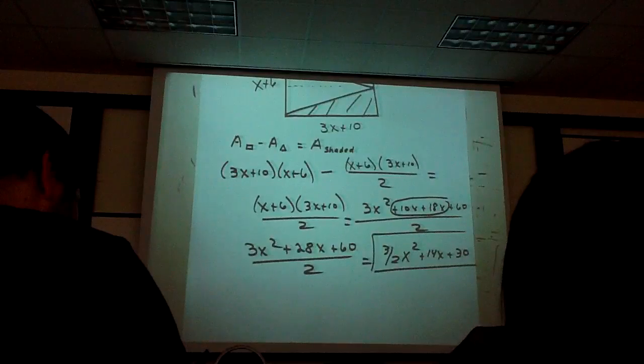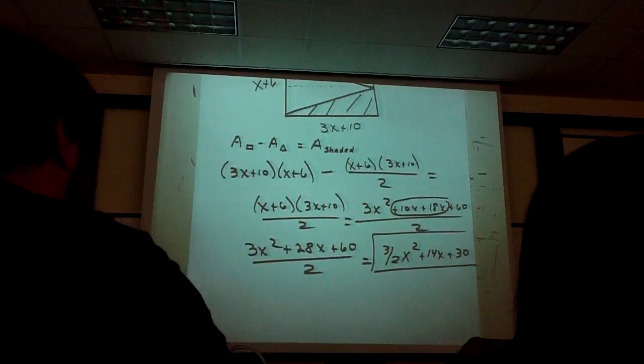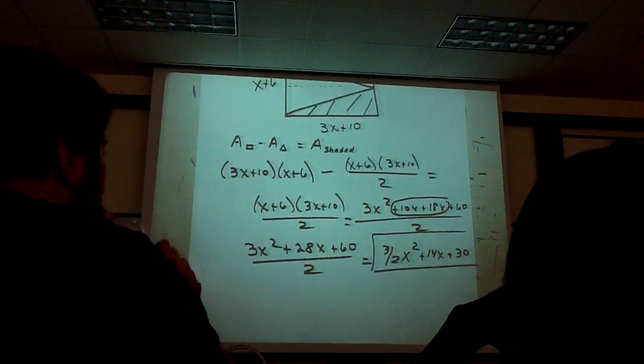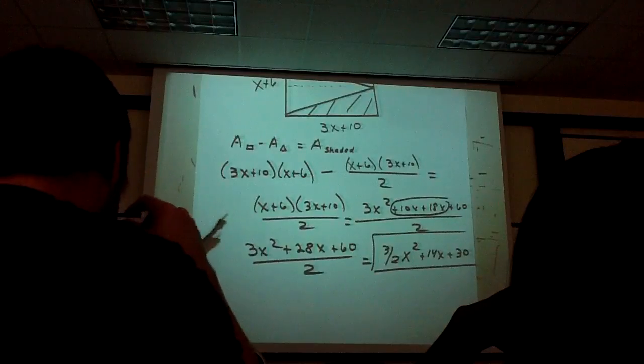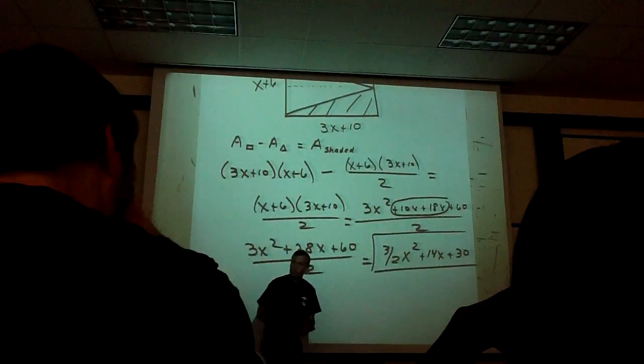There's my area. So far so good? Hey, and by the way, you'd get the same thing if you multiplied that out, divided by 2, and subtracted, you'd get the same thing.